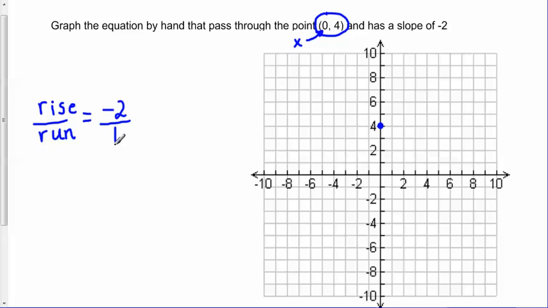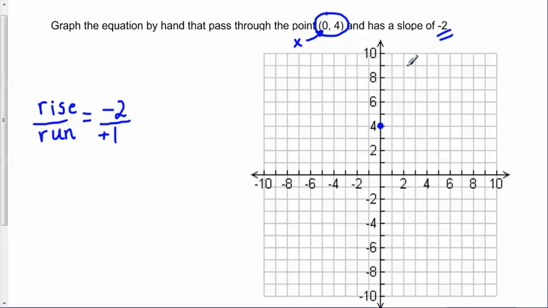So by putting this 1 here, that tells me that my run on my line is going to be 1 for every rise of -2. Be careful on your signs here. We know that we want the slope to be -2. That means that the run has to be a positive 1 because a negative divided by a positive is a negative.